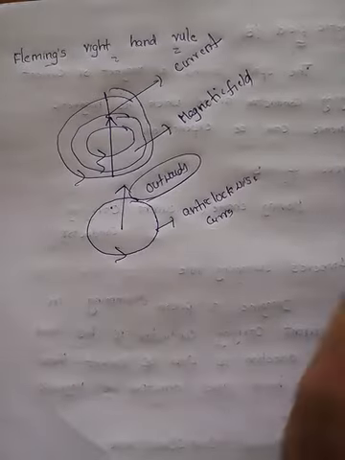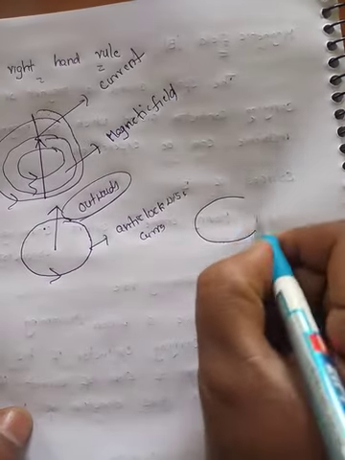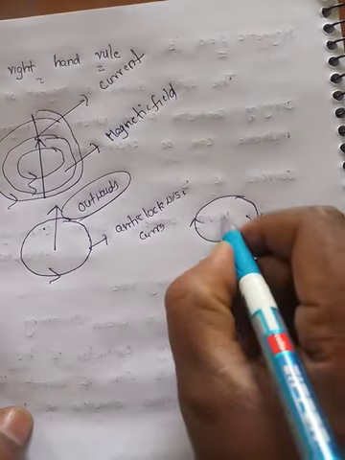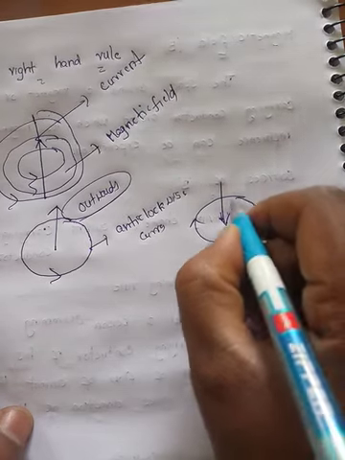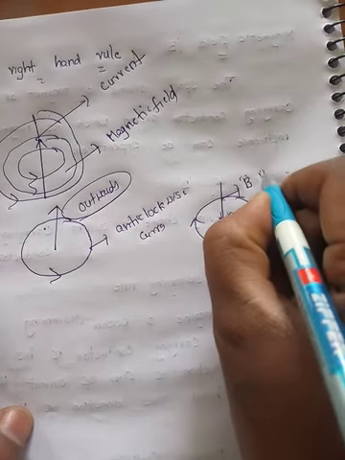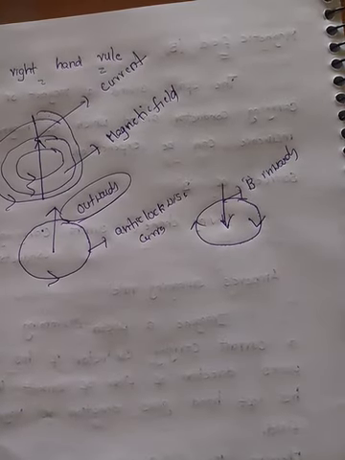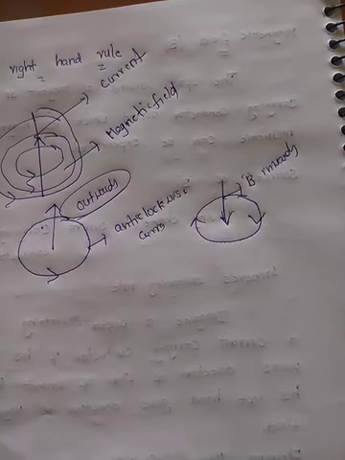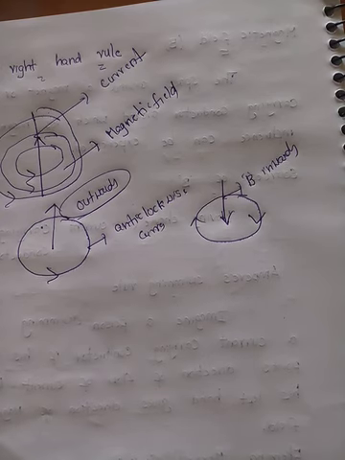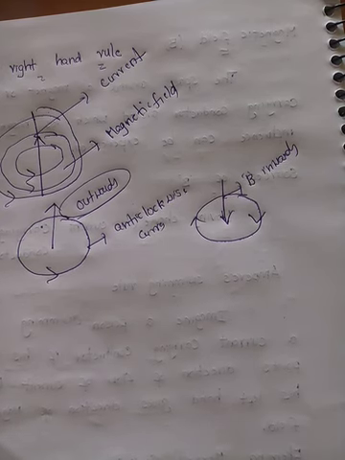By the same concept, if the current is clockwise, then the magnetic field will be inwards. So if current is flowing in a conductor, we can find the direction of the field by using Fleming's right hand thumb rule.